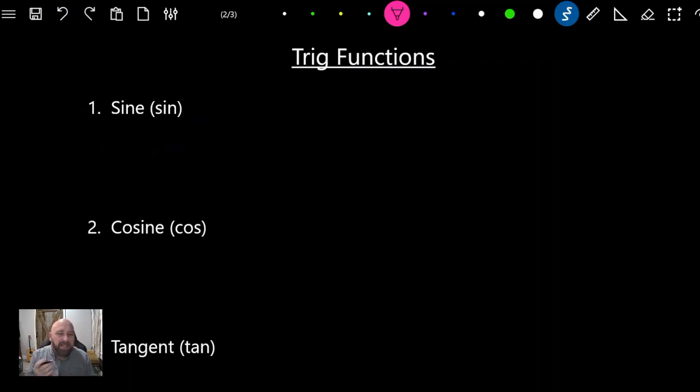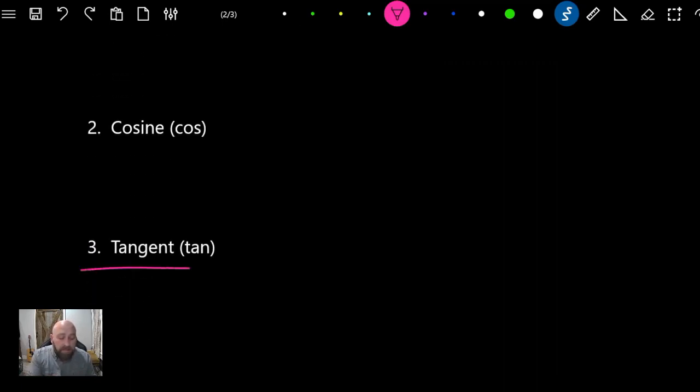And this is on like a scientific calculator. This is not like on a little basic calculator. This is on something a little bit more fancy, right? Scientific type calculator. All right, cosine is the second trig function that we'll talk about, and that is abbreviated COS. And usually it's right next to the sine button on the calculator. The third one and the last one is called the tangent, and that's labeled TAN on your calculator.